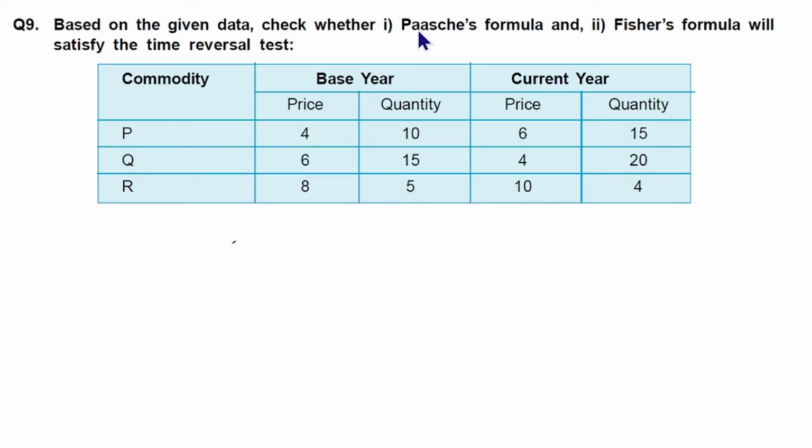To check this, we have to find first P01, that is, the index number for the current year with 0 as the base year, and then into P10, and we have to find whether this is equal to 1 or not. If it is equal to 1, then we say the formula satisfies time reversal test. If it is not equal to 1, then the formula does not satisfy time reversal test.